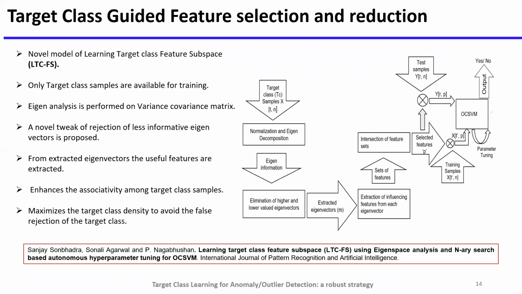Okay, so one of the methods recently proposed by some GTL was basically looking to guide the model to learn the feature subset along with a proposal to solve the most complicated issue, that is, hyperparameter tuning of a particular classifier.